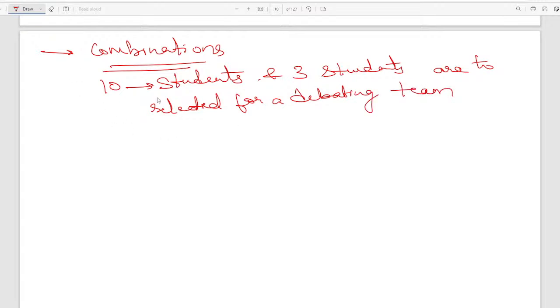So in this case, there are 10 students and 3 students should be selected out of 10. This can be done like this, 10C3.